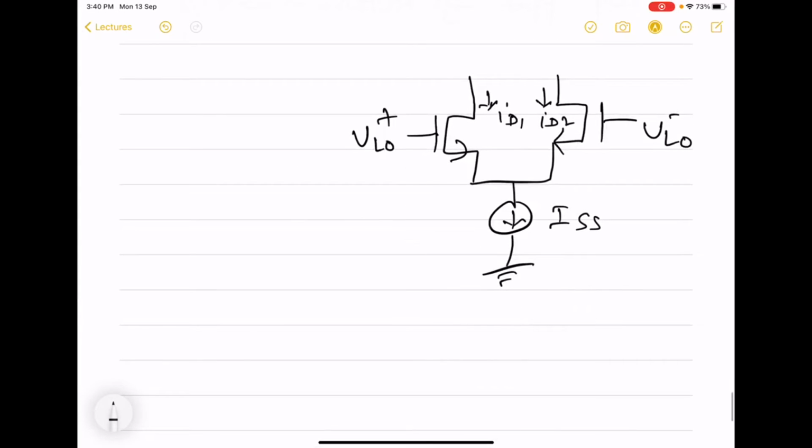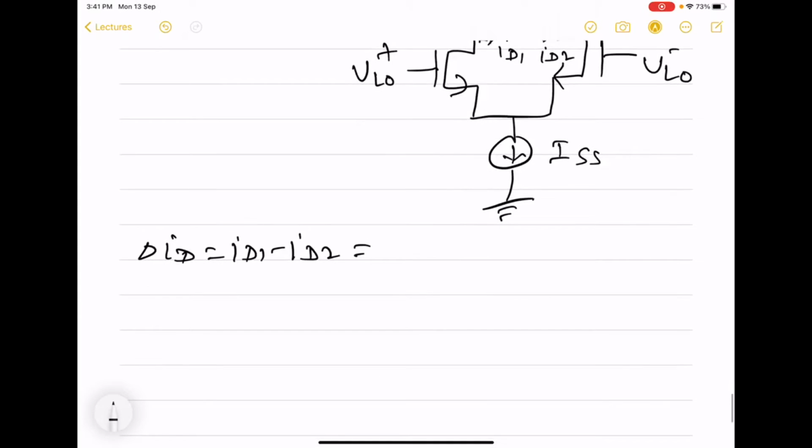This difference of drain current, when we found it, was exactly equal to this expression.